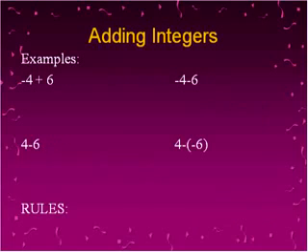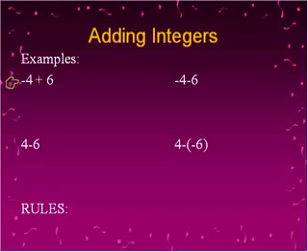Moving on to adding integers, I have the same numbers here in a bunch of different situations. The first one is negative 4 plus 6. Some students like to use a number line to add and subtract integers. Some like to think of a thermometer. If you're at negative 4 degrees and you add 6 degrees, what's your temperature going to be? You can figure these out in any way that you like.